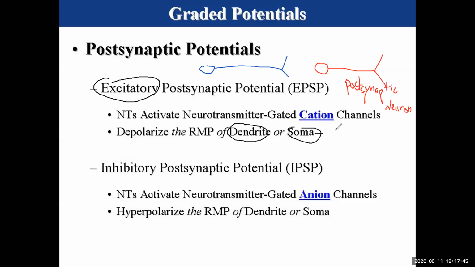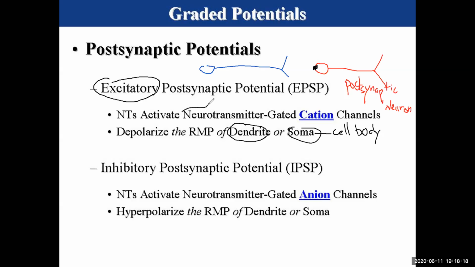Soma means the cell body, excluding the axon hillock, okay? So the cell body excluding the axon hillock. They have transmembrane proteins. Okay, so neurotransmitter gated cation channels.